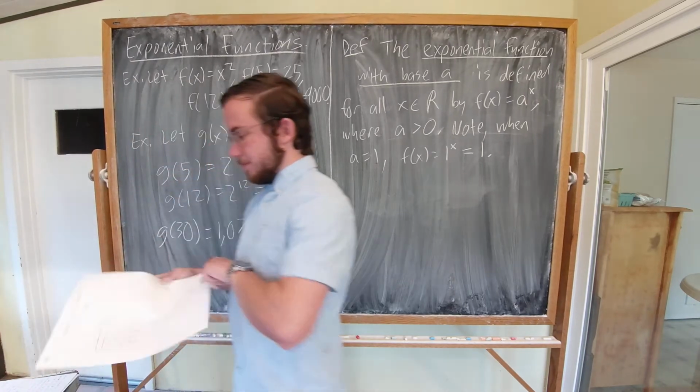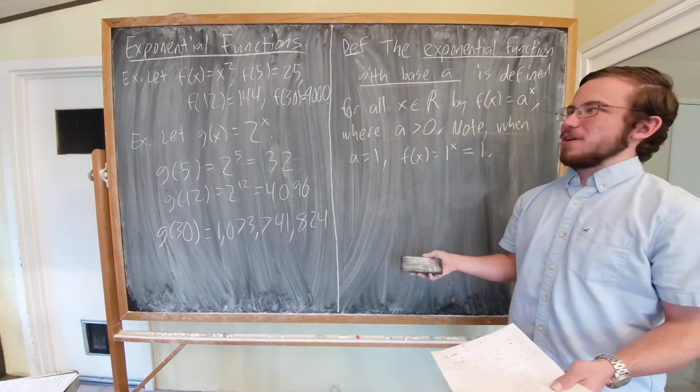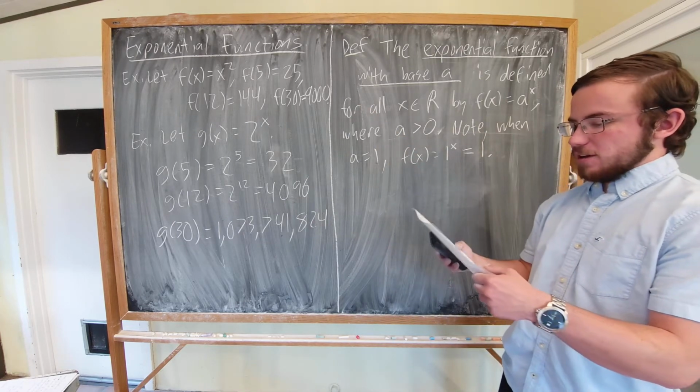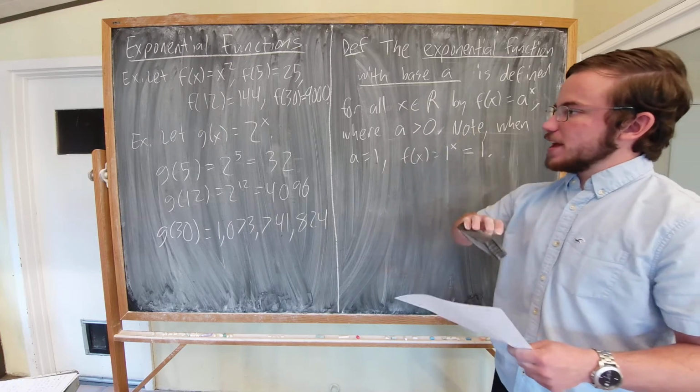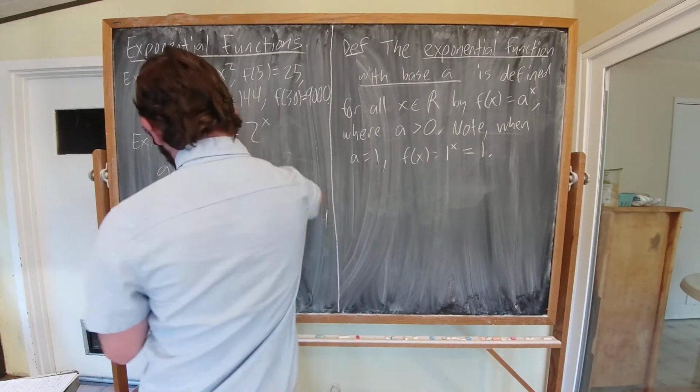Alrighty, moving forward. We should probably get some practice graphing a couple of these. Let's maybe graph x squared, or not x squared. Let's graph 2 to the x and 1/2 to the x. See what happens.